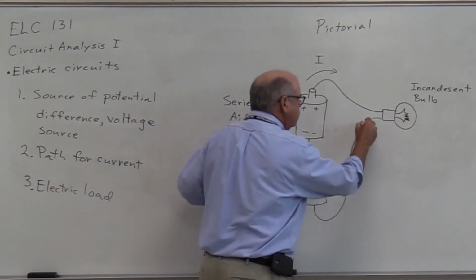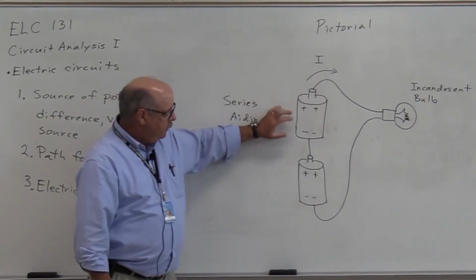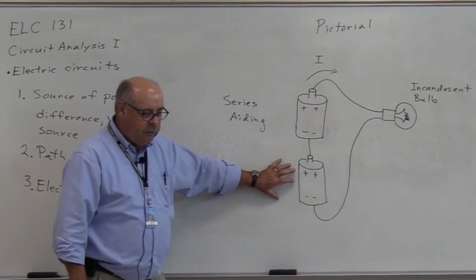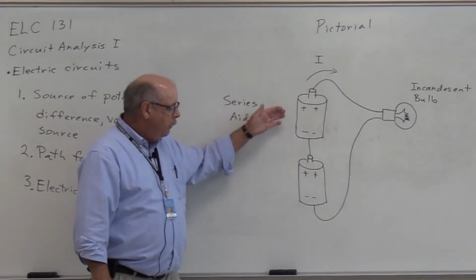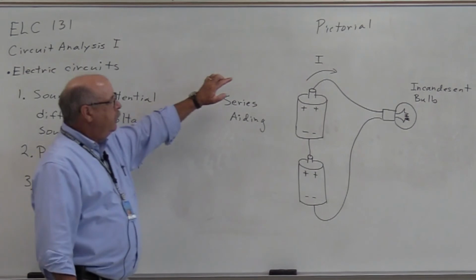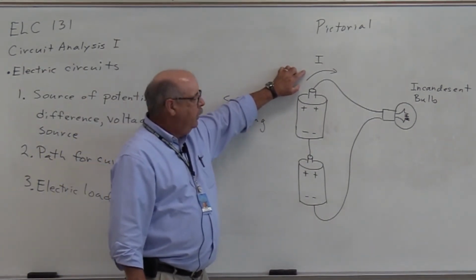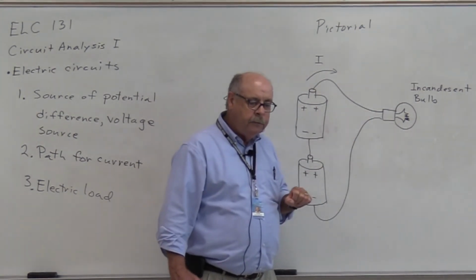So the voltage from this cell and this cell will add together, therefore increasing the applied potential difference. This will also increase the current flow, and it'll also increase the brightness of the bulb.